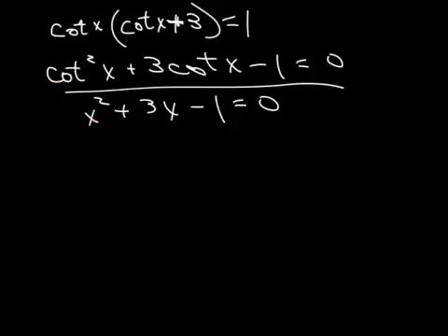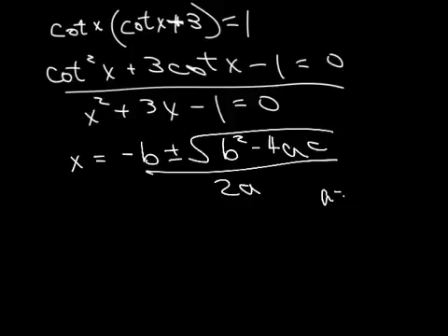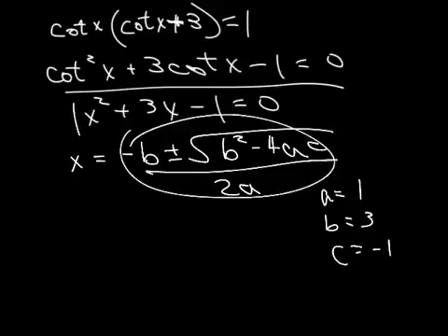Can't factor that. So actually what we've got is x equals negative b plus or minus square root of b squared minus 4ac all over 2a, quadratic formula. So when we plug in a equals, there's a 1 there, b is equal to 3, and c equals negative 1, and I plug into there, I get my x.